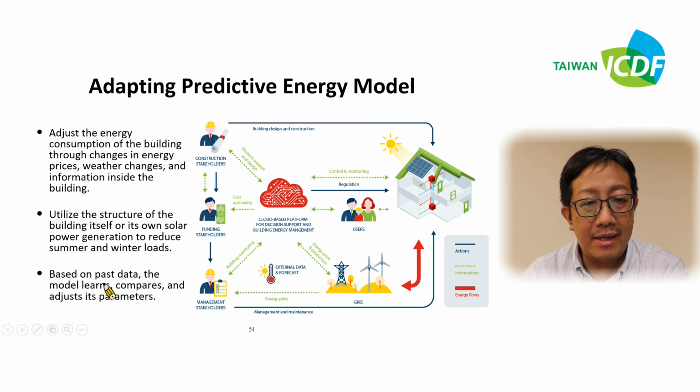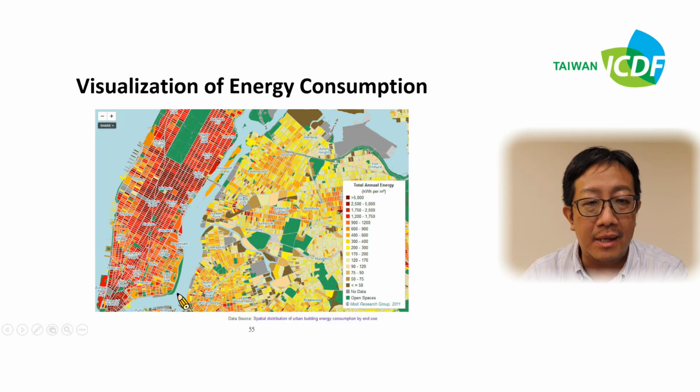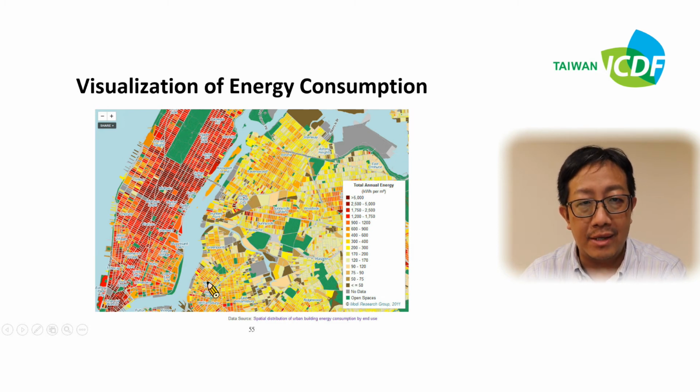Based on past data, the model learns, compares, and adjusts itself with the parameters. This is the visualization of energy consumption. You can see all the colors and the annual energy display here. This is a very good example of data visualization.